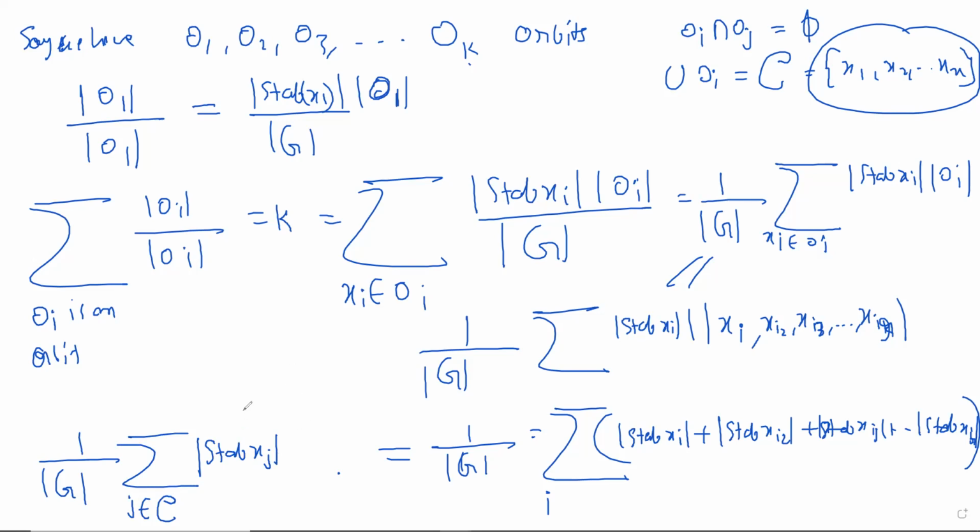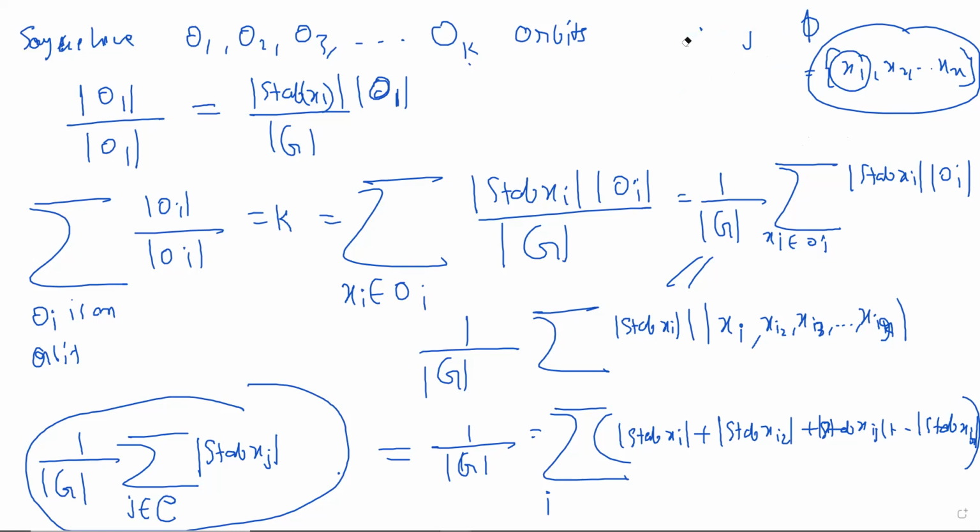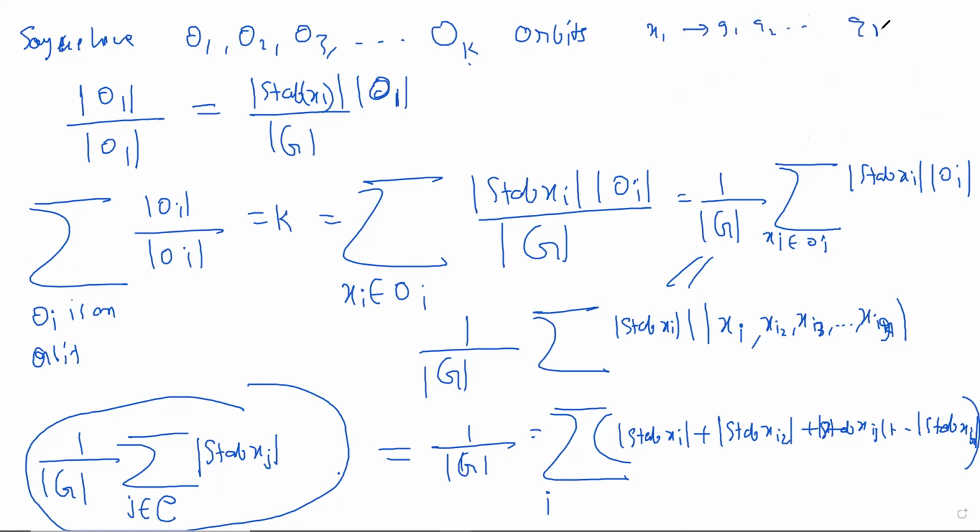In this summation, I am putting my finger on an element and asking, what are all the motions which fix it? And I'm taking the size. However, I can do the double counting in a different way, from the perspective of the motions. Here I am putting x1 and looking at those things which fix x1. Let's say these things fix x1. Then I'm taking x2, some other things which fix x2.